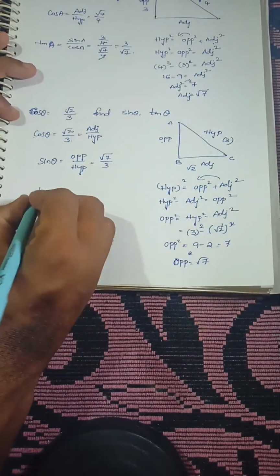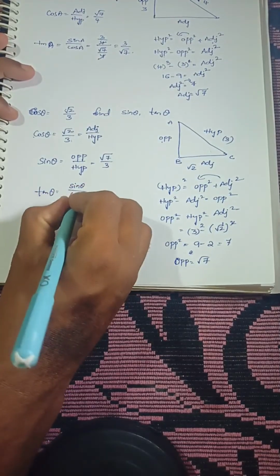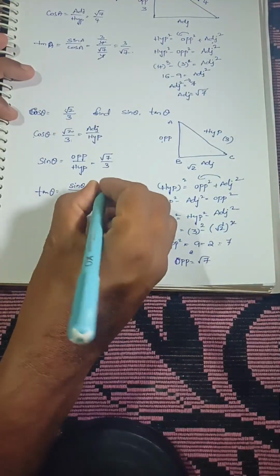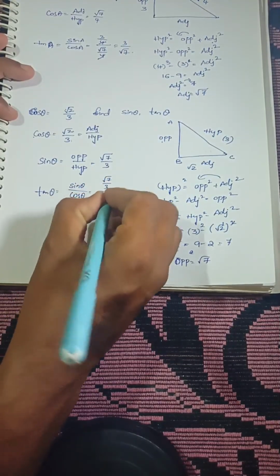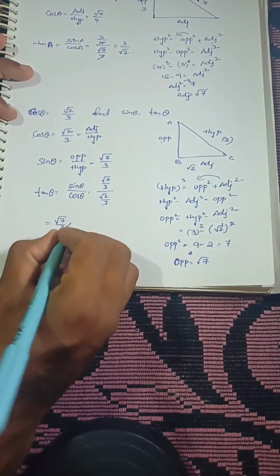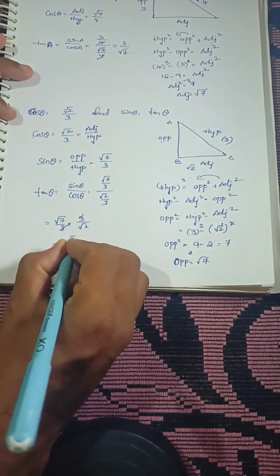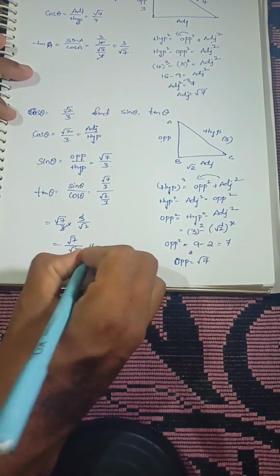Next tan theta, this is very easy. Tan theta means sin theta by cos theta. That means what is the sin value? Root 7 by 3 divided by root 2 by 3. Root 7 by 3, for the denominator write the reciprocal, 3 by root 2. So tan theta value is root 7 by root 2.